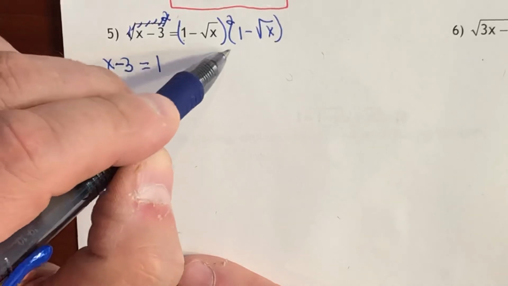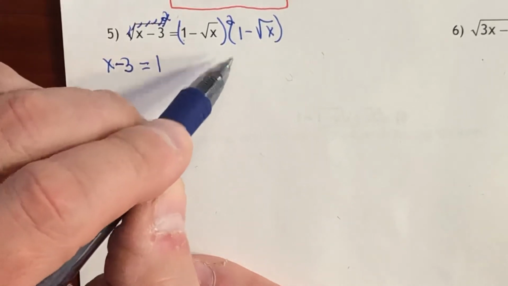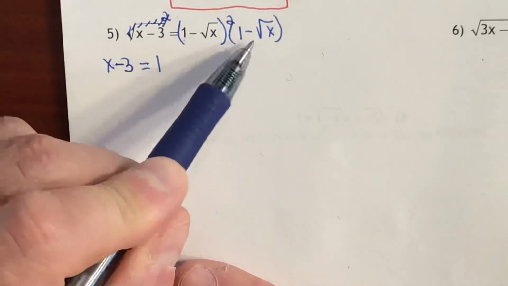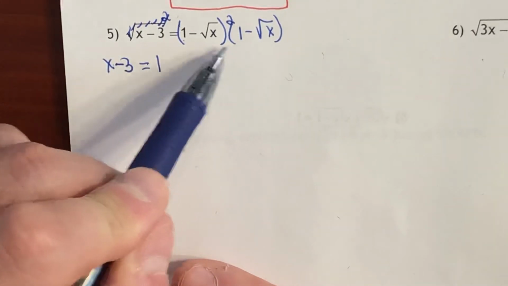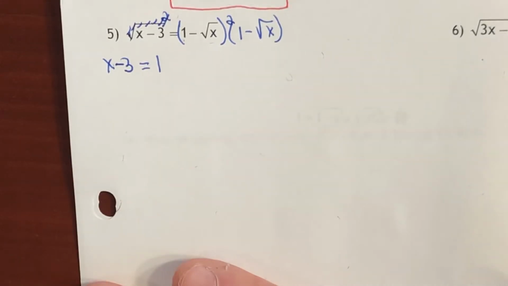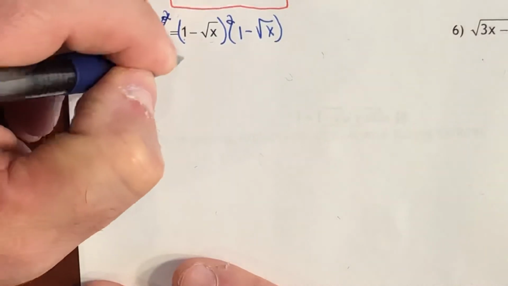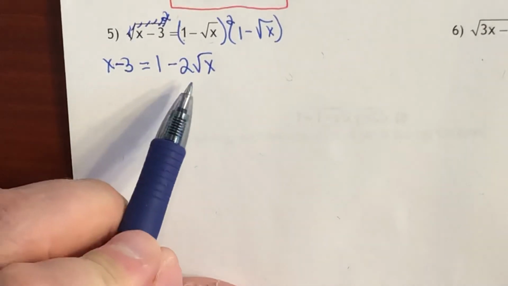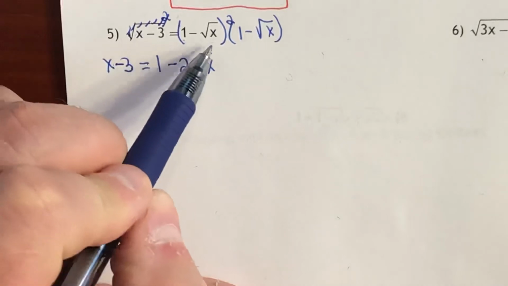A negative square root of x times a 1 is a negative 1 square root of x. So in essence, you have 1 times a negative and then a negative times a 1. So in other words, you've got a negative 2 square root of x, because a negative 1 square root of x and another negative 1 square root of x makes a negative 2 square root of x. And then the last 2 terms.